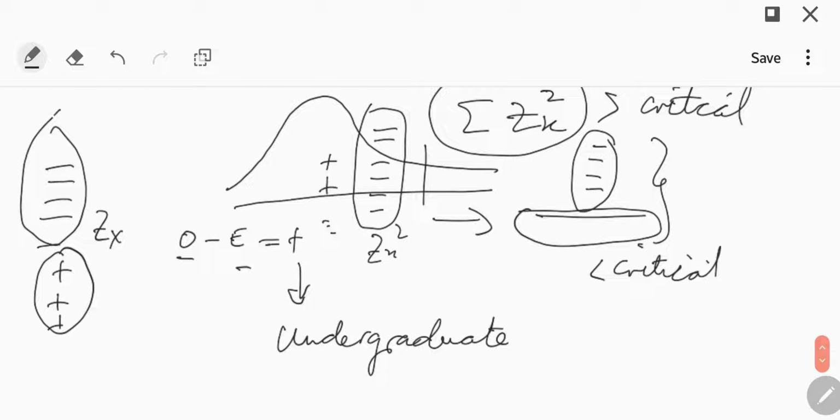Or there could be some groups of some ages where up to a certain group it is negative, undergraduating, and after that is overgraduation. Again, sigma z squared is not so significant that the overall model comes out as not a fit to the graduated rate.